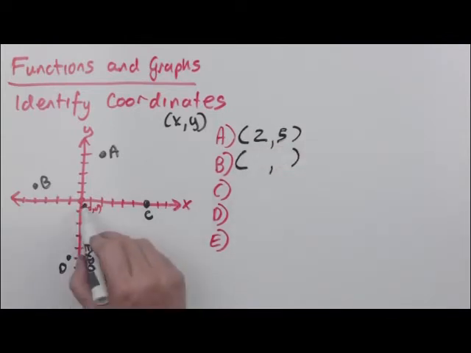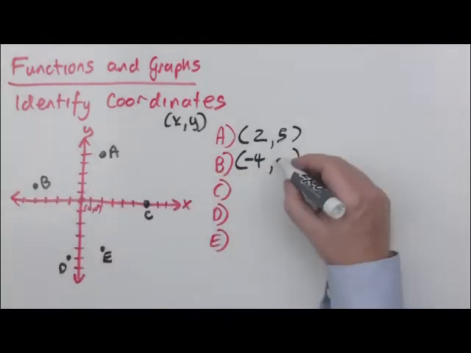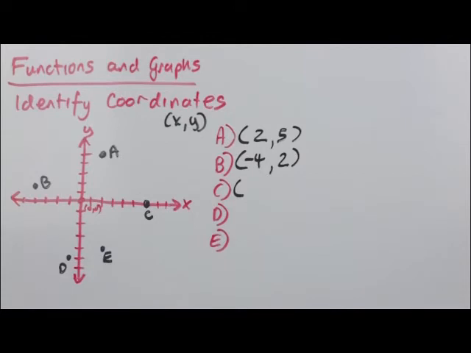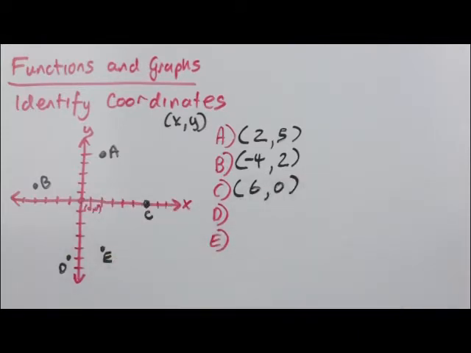Let's see. For B, it goes 1, 2, 3, 4 back in the x, and it goes up 2 in the y. C goes, let's see, 1, 2, 3, 4, 5, 6 in the x, and it goes none in the y. So that's 0.